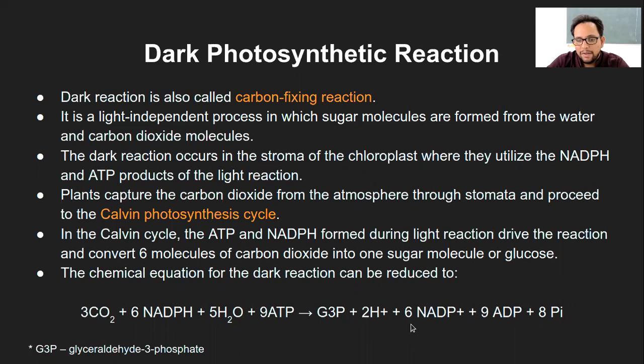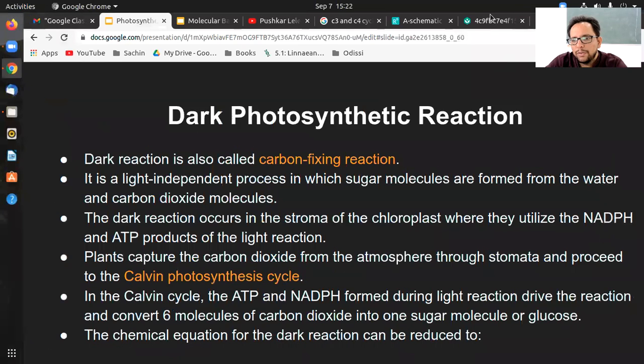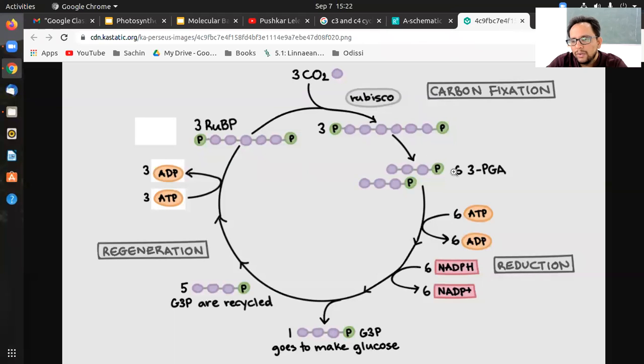Does anyone have any question here? You might ask where is the sugar molecule, but like I said, this glyceraldehyde 3-phosphate will be utilized. Where is G3P? Yeah, here it is. So it forms PGA, phosphoglyceric acid, then G3P, glyceraldehyde 3-phosphate.